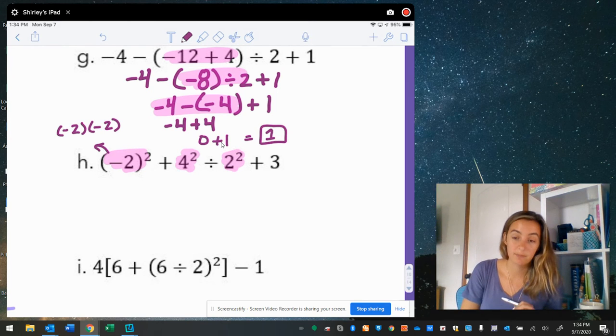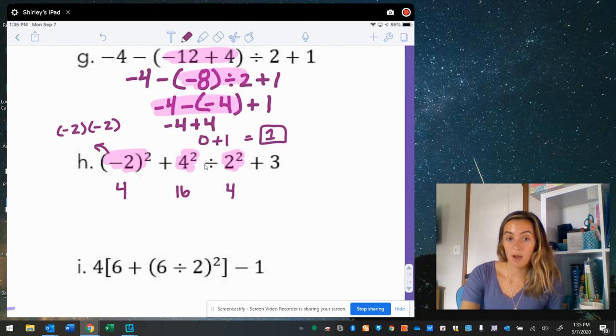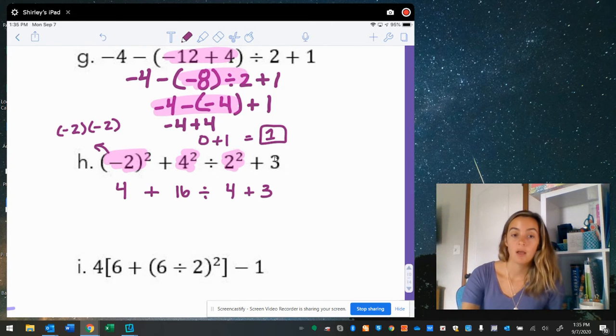So negative 2 times negative 2, 2 negatives make a positive, so I get 4. Then I'm going to go ahead and simplify 4 squared to get 16. And then I'm going to square 2 to also get 4. Bring down my operations that I haven't used yet and my plus 3. So I have plus sign, divide, plus 3.